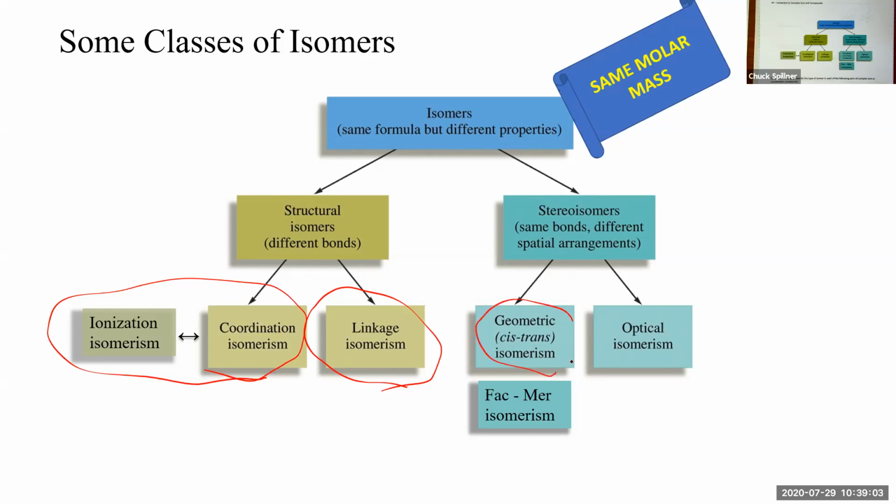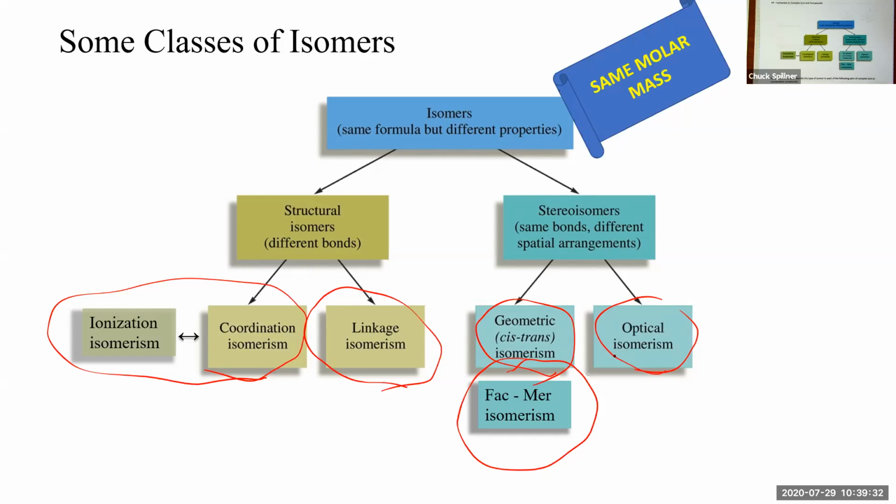So we have geometric isomers, facial, meridional. I don't know how to say that word. I'll write it. It's meridian with AL and then meridional isomerism. So facial and meridional, and then optical isomerism. So we have 1, 2, 3, 4, 5 different isomers we're going to talk about in this part of the lecture.